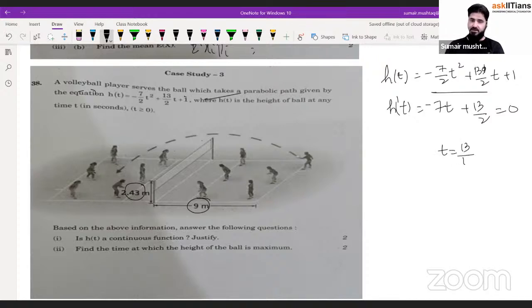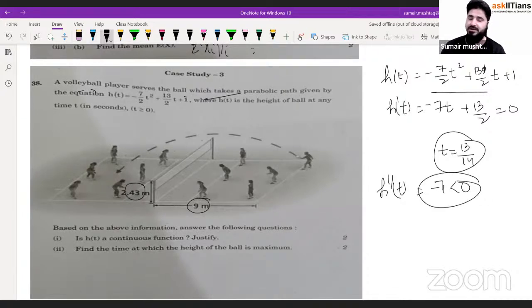Now I will find its double derivative, that is equal to negative 7, that is less than 0. So obviously it is maxima. So t is equal to 13 by 14. This function's second derivative is less than 0, so it attains the maxima at this point. Got it, guys? Okay. Any confusion, you can let me know.